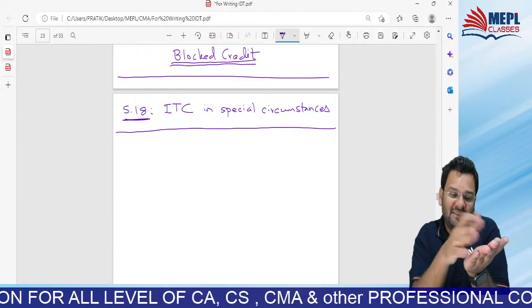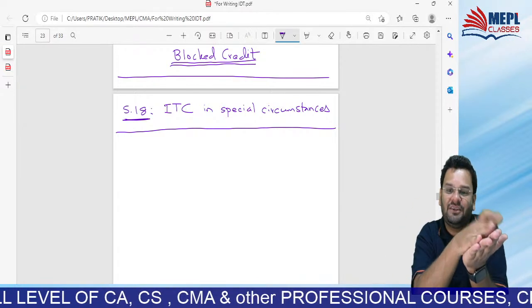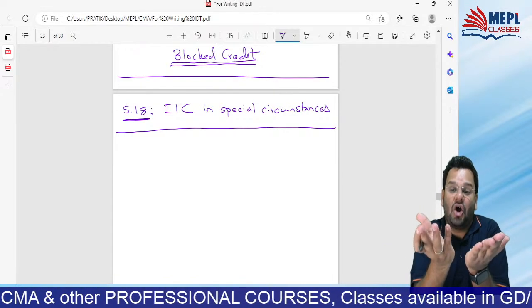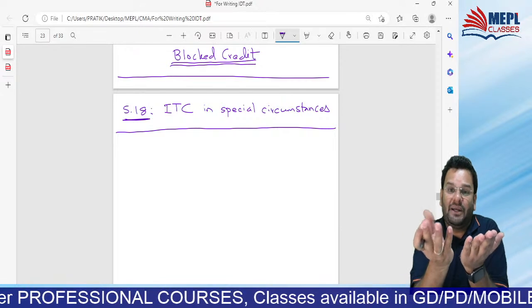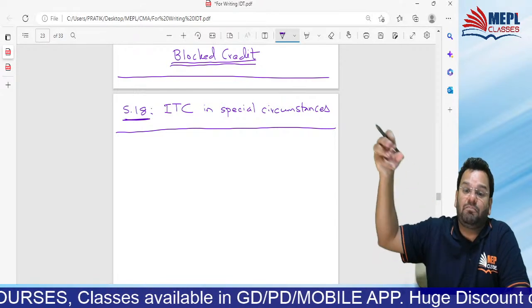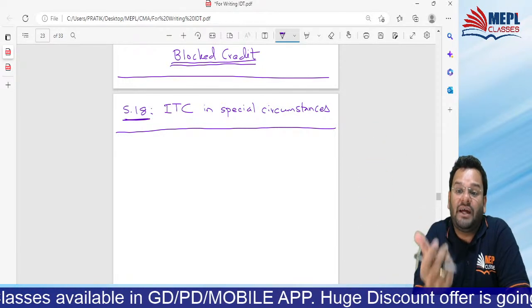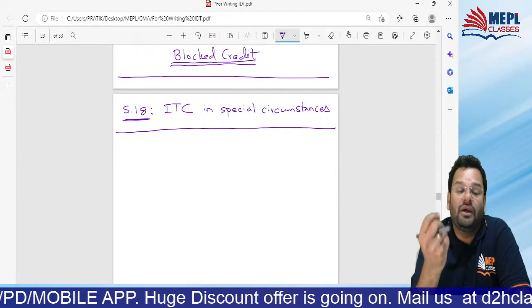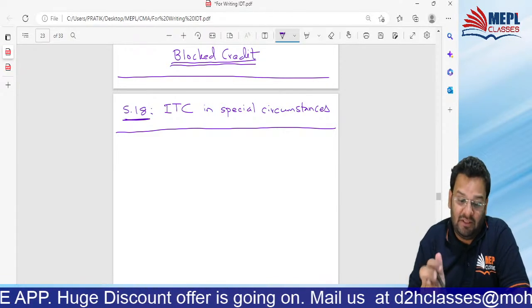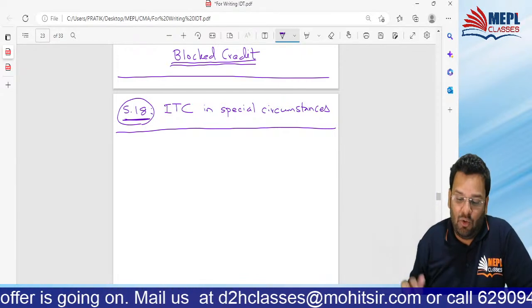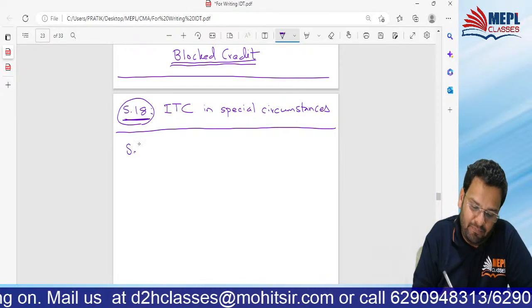So there is a transition from being not registered to getting registered. You might have some stock with you, on which you might have paid GST. In what way can you claim ITC of that GST when you get registered? This is discussed in 18. And of course, many more issues; as we go ahead, we will discuss them.